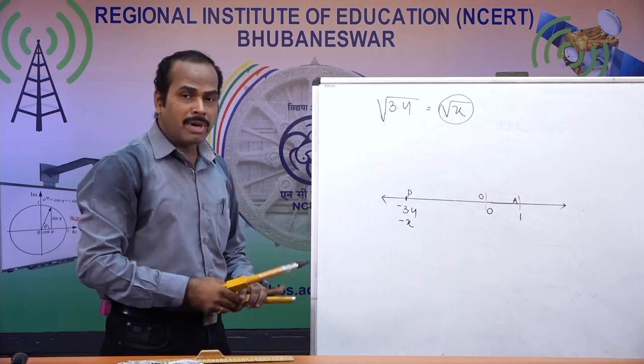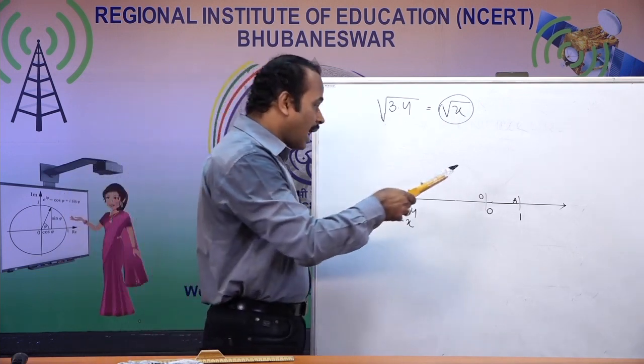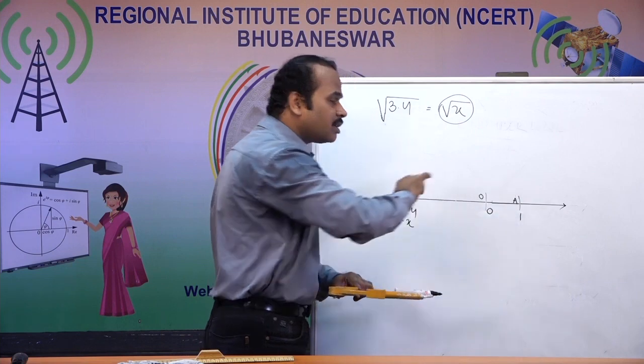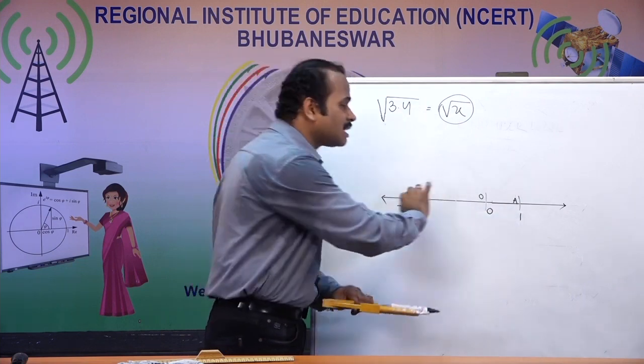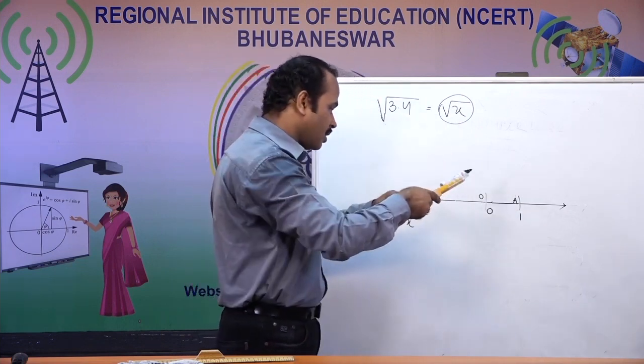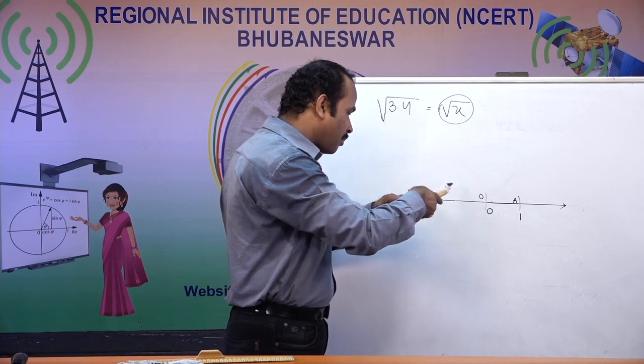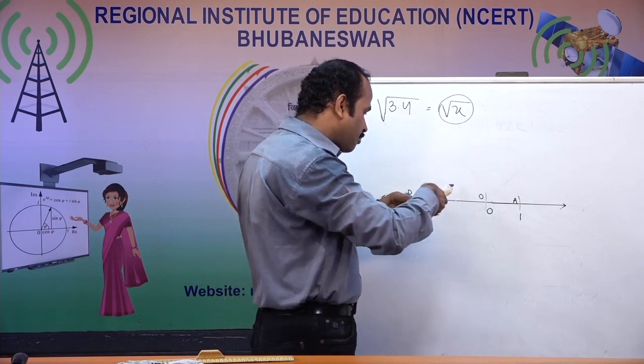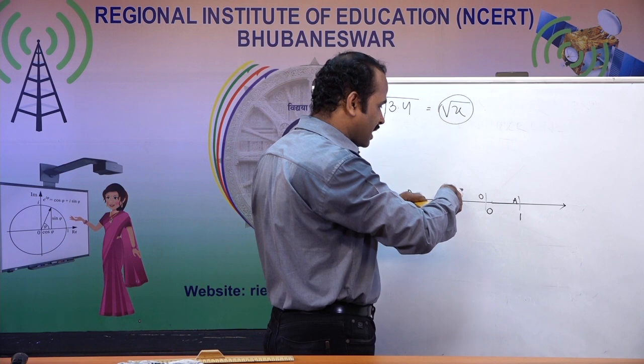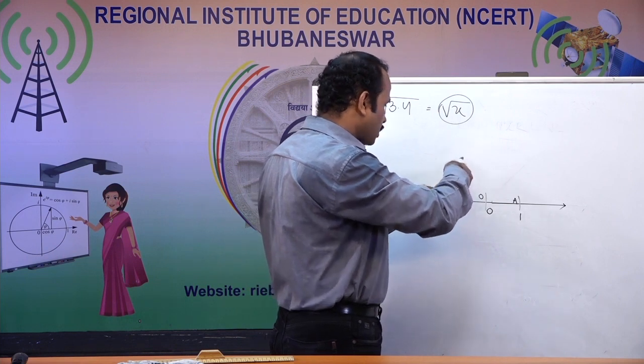Now what will I do next? I will divide this PA length into 2 equal halves to find the midpoint of PA. In order to find the midpoint of PA, I have to bisect it through the perpendicular bisector. Let me draw, taking more than half.